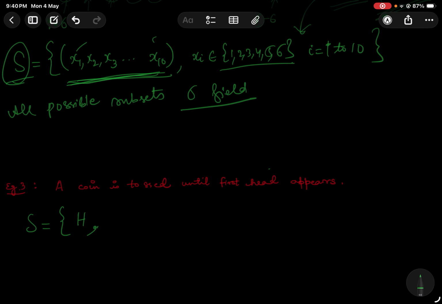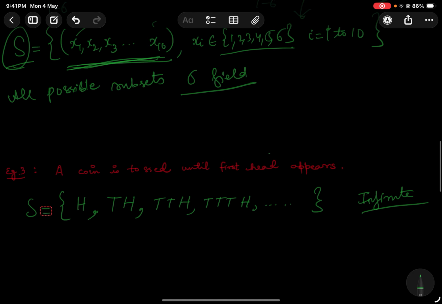And the other case would be to get tails and then head, or you get 2 tails and then you get your head, or you get 3 tails and then you get your head, and so on. This is infinite now. I don't know when to stop. It is possible that I get like 1 lakh tails and then I get a head.